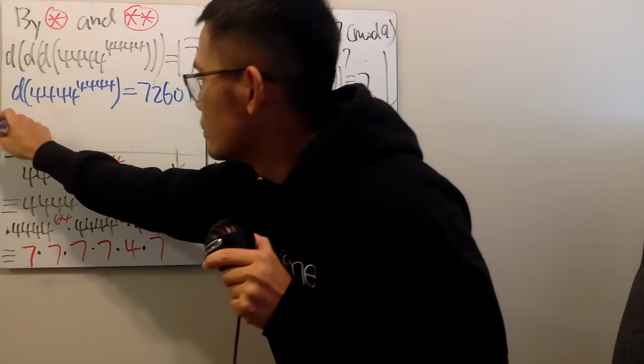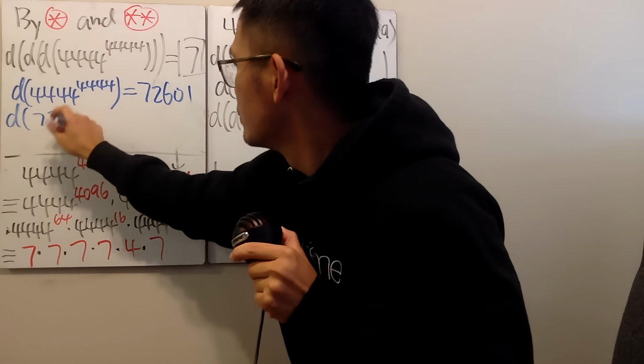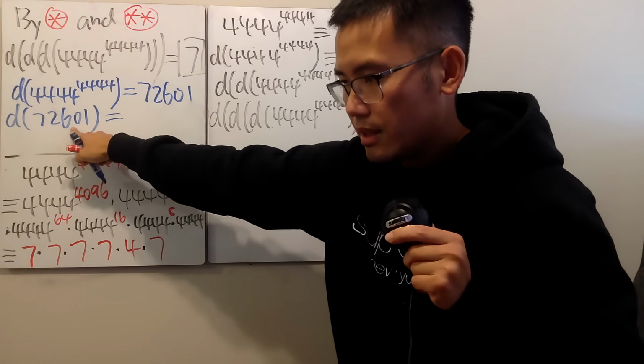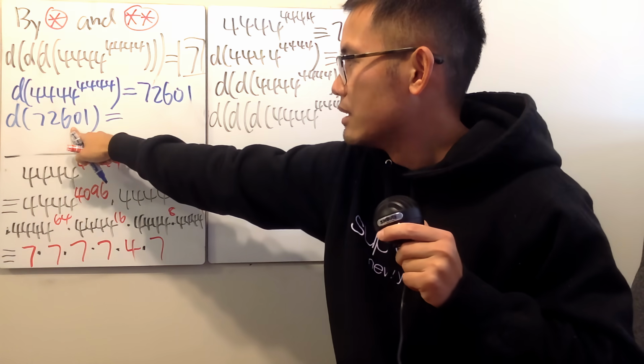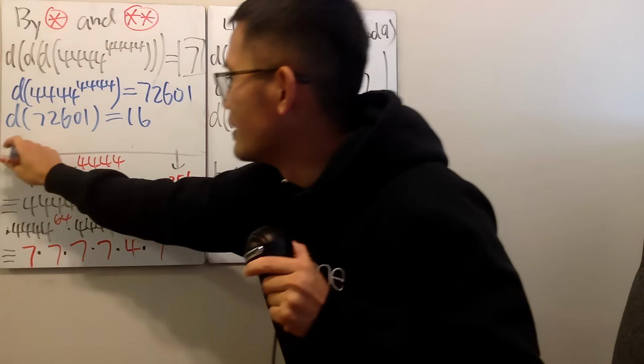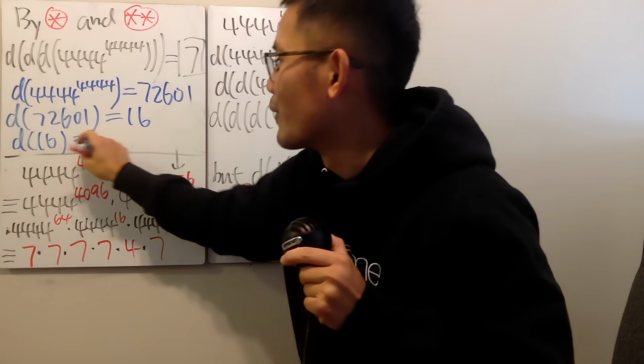And then let's do the digit sum of 72601. Well, that's 9. Why do I have a hard time adding? 15, and that's 16. And then the digit sum of 16, of course.